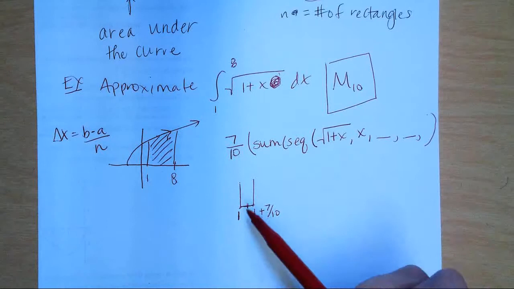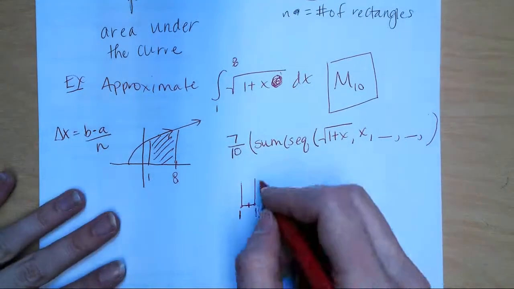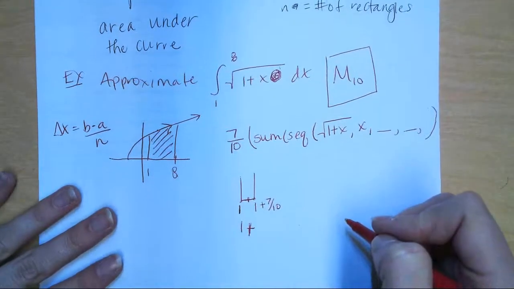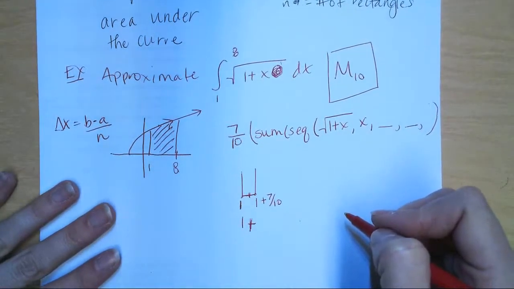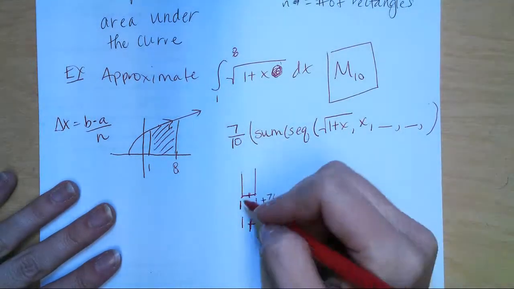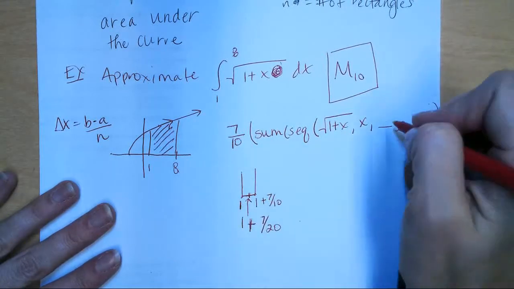So what is the middle x right here? It's 1 plus half the interval. How long is the interval? 7/10. What is half of 7/10? 7/20, yes. So this is going to be 1 plus 7/20. That's where we're going to start.